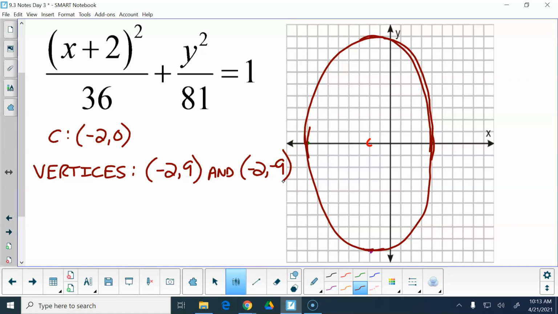Okay. And then lastly, we need foci. And so c squared is going to be the absolute value of a squared minus b squared. So that's going to be 36 minus 81. Oh, what is that? 51, 45?